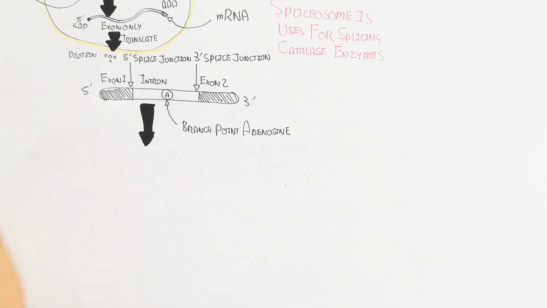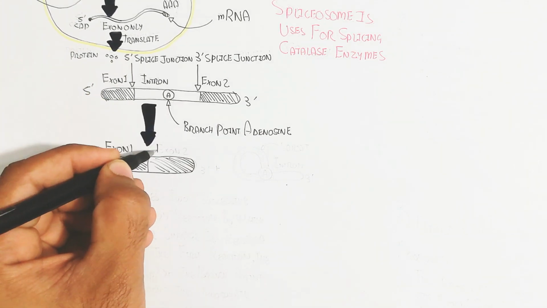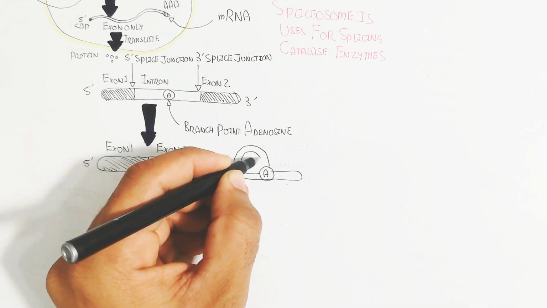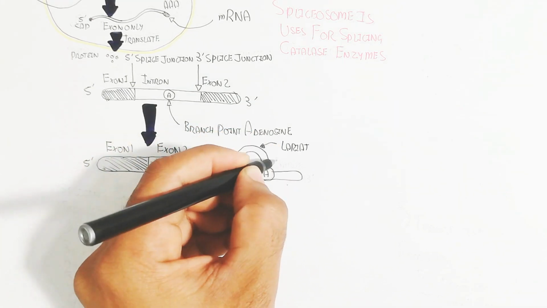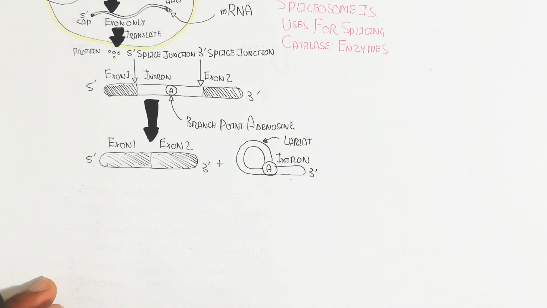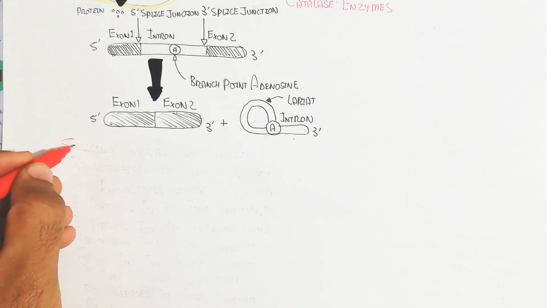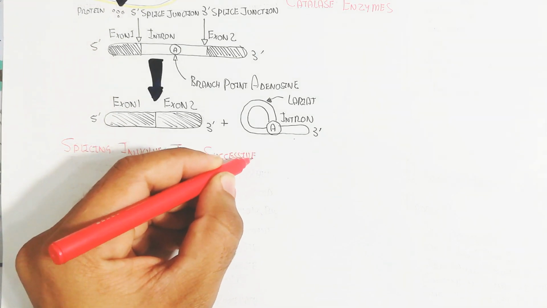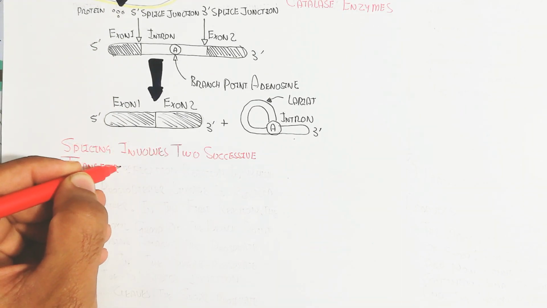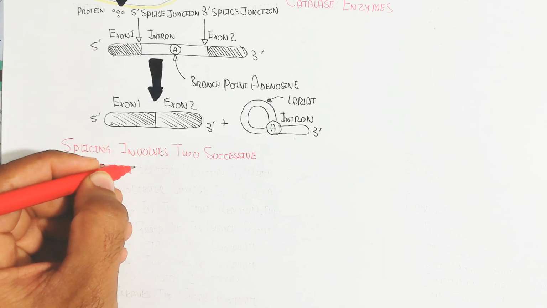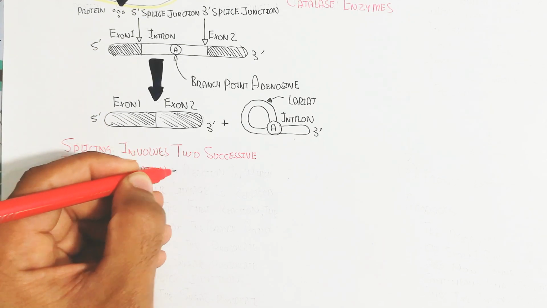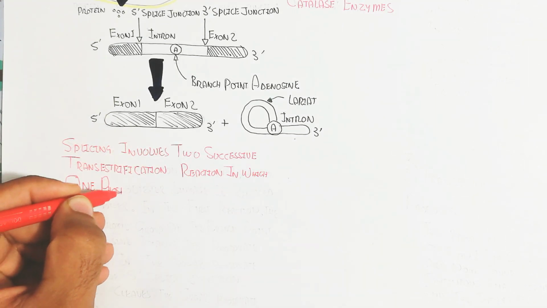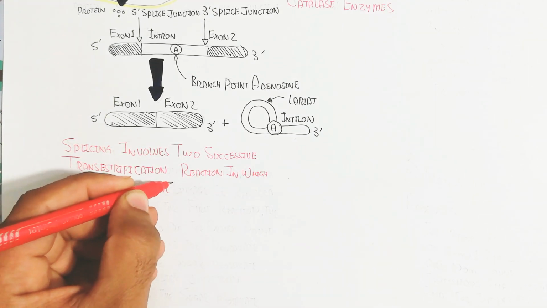Anyhow, this is 5' and 3', and the mature exon 1 and 2 are joined, and here the intron will be removed as a lariat. This lariat contains the 3' here, and the 5' will be attached to the adenosine.